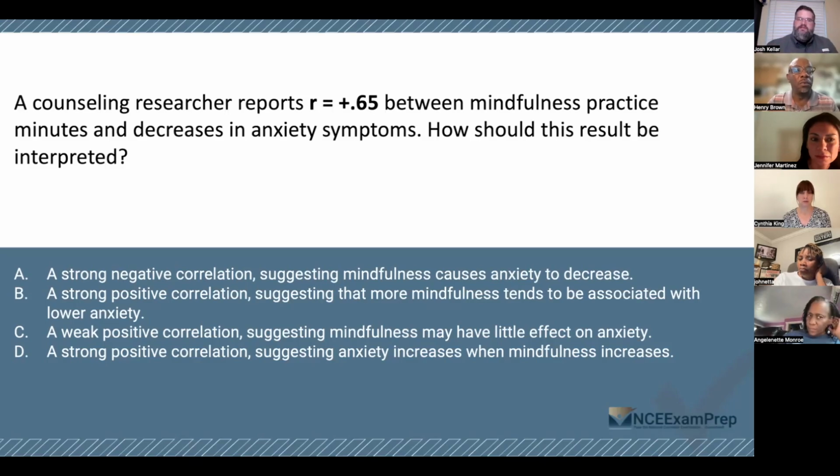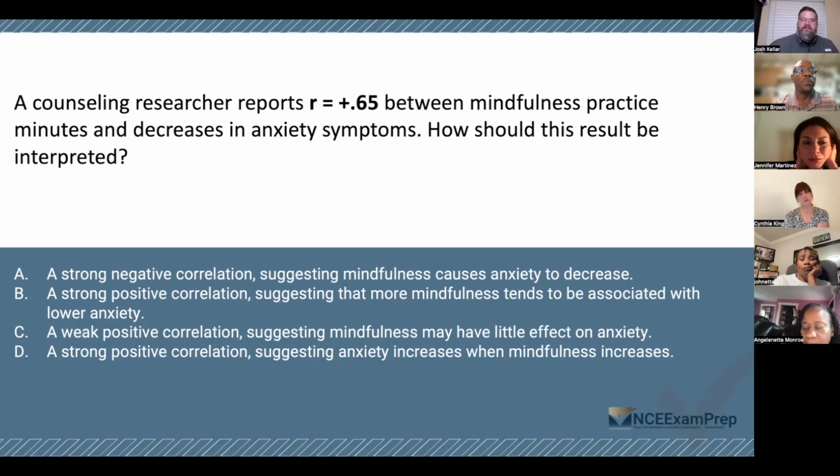It says decreases in anxiety symptoms, but that means it's good that anxiety is decreasing. So what's implied here is that because the researcher reports a positive 0.65, even though it says a decrease in anxiety symptoms, what's being measured is an improvement in anxiety symptoms.